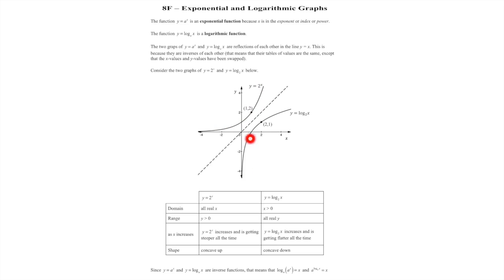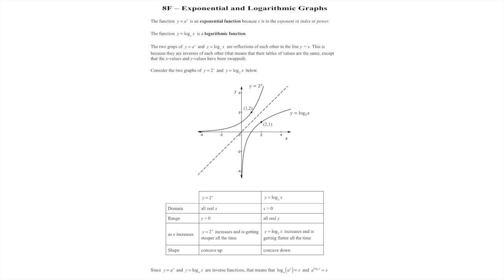For the log graph, it can take only positive values of x because the y-axis is an asymptote. It can take any value of y because it goes up forever and down forever. It's actually increasing, but it's increasing at a slower and slower rate, and when that happens, it's called concave down.